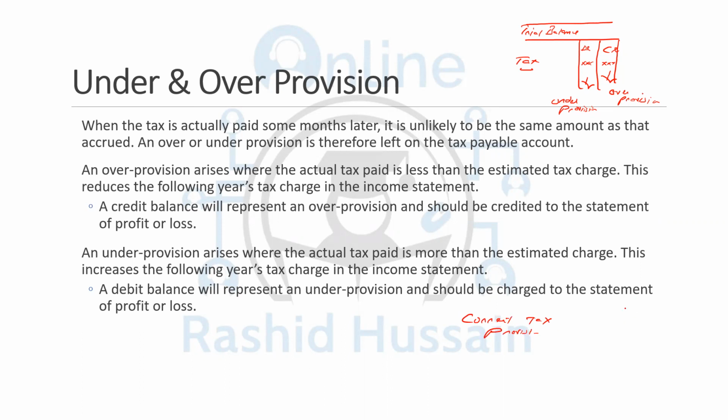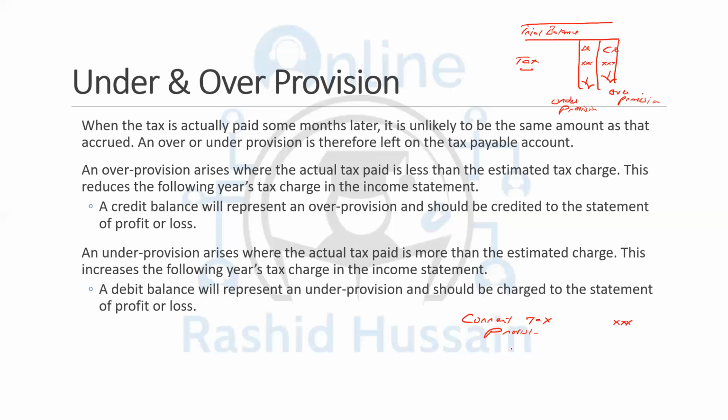And remember what I have told you, that every year you will be having the current tax provision. Like for example, you're talking about 2021. So the tax related to 2021, which is the estimated one, is known as the current tax provision. Now from the previous year, we will be either having an under provision or over provision.